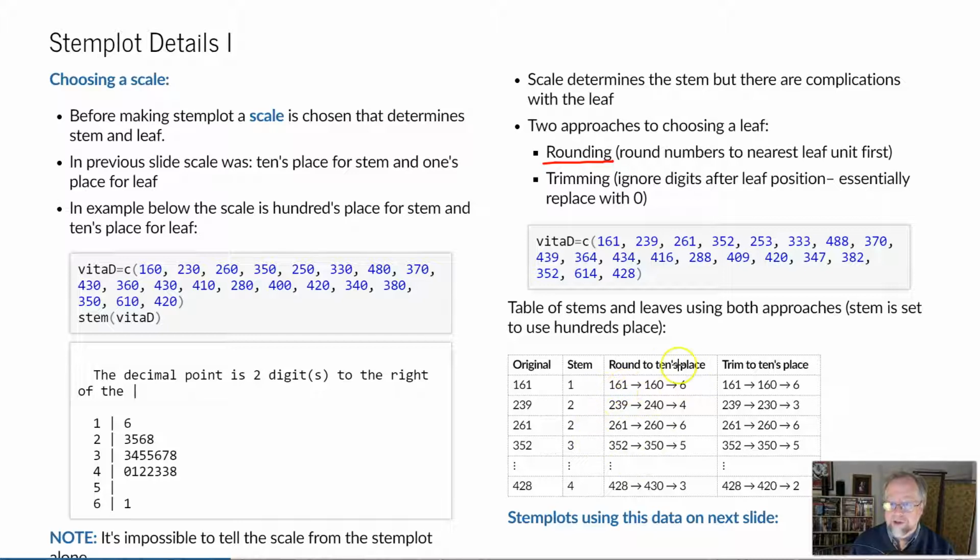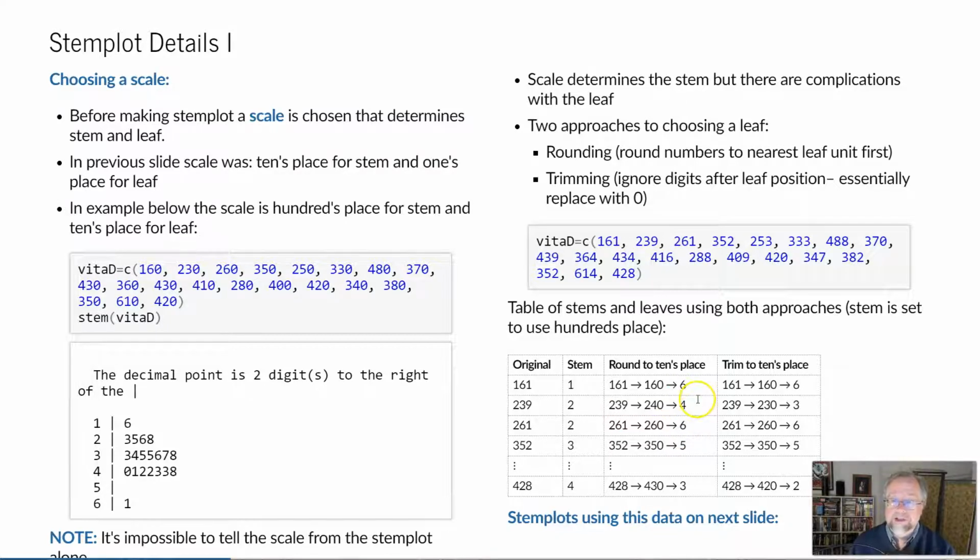And I have some examples in the table. So 161, if the tens place is my leaf, then I would round 161 to 160, and 6 is my leaf. 239 rounds to 240, 4 is my leaf. 261 rounds to 260, 6 is my leaf.